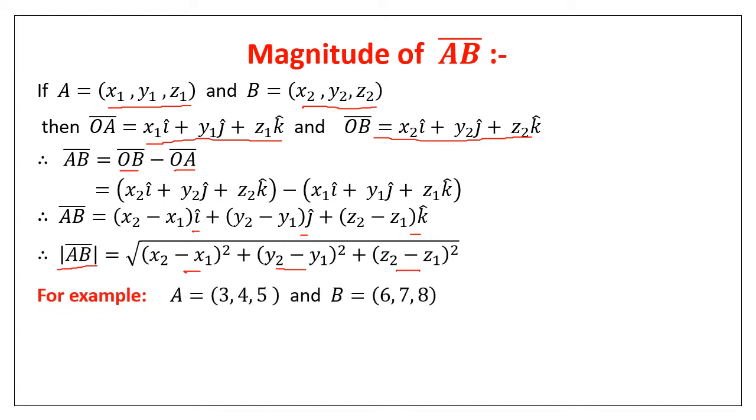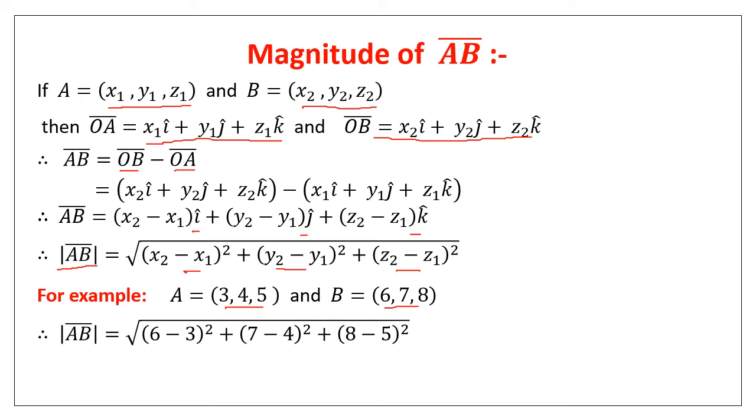For example, A having ordered triplet 3, 4, 5 and B having ordered triplet 6, 7, 8, then magnitude of that vector AB bar equals under root (6 minus 3) whole square plus (7 minus 4) whole square plus (8 minus 5) whole square. After solving it, we have under root 9 plus 9 plus 9, which equals 3 root 3.